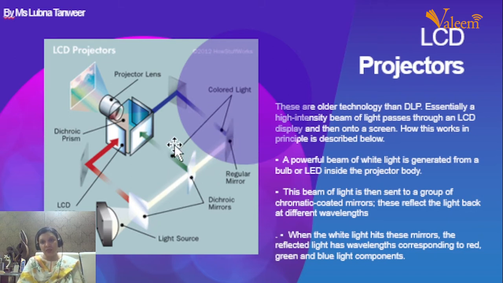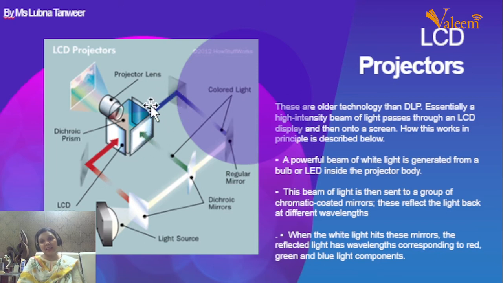They are used to reflect the light. When they reflect the light, the wavelength of the light is changed, and that single light source is used to transmit the light on all these chromatic coated mirrors. Then they transfer the light towards these LCDs.